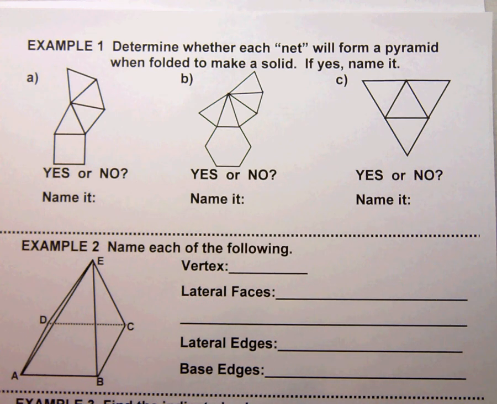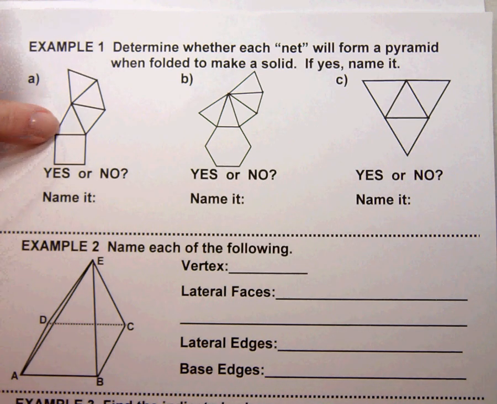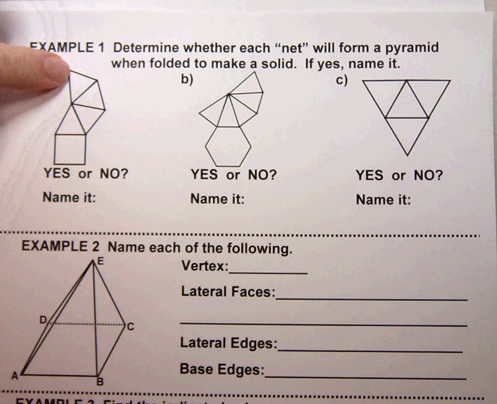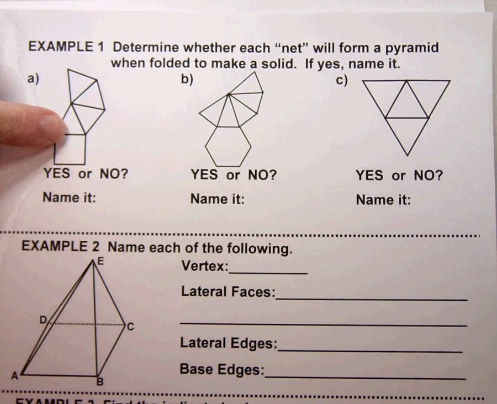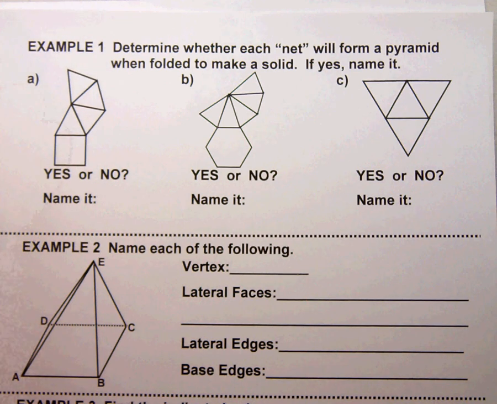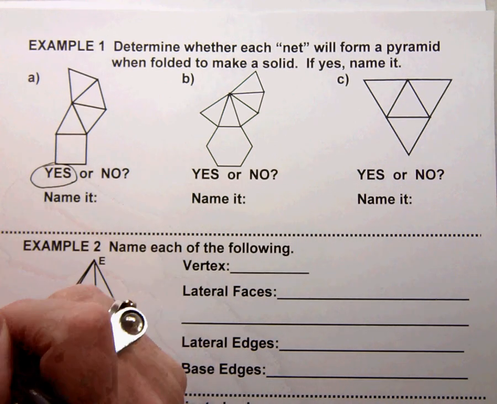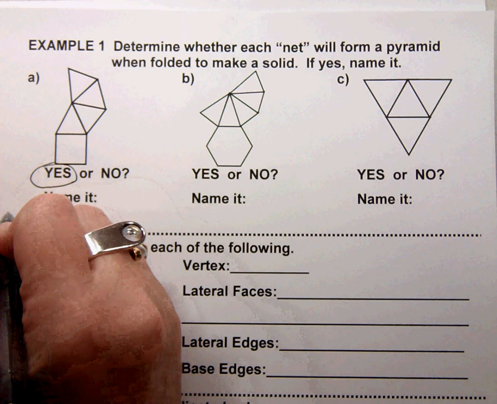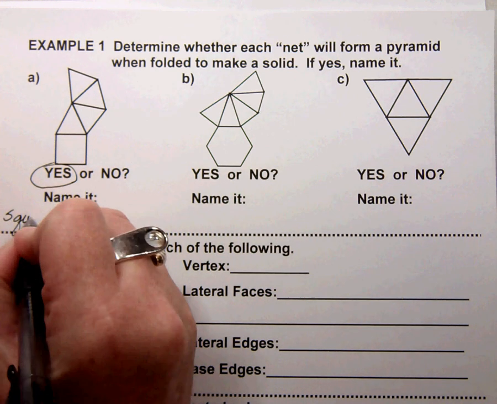Look at this first one. There are triangle faces here. These are the lateral faces, and if you count, there are 4 of them, and there's 4 of these that would wrap around this edge right here. So this is going to be a pyramid, and because the base is a square, it's called a square pyramid.